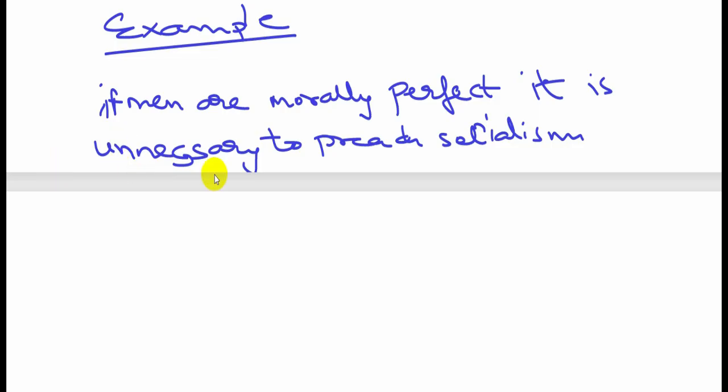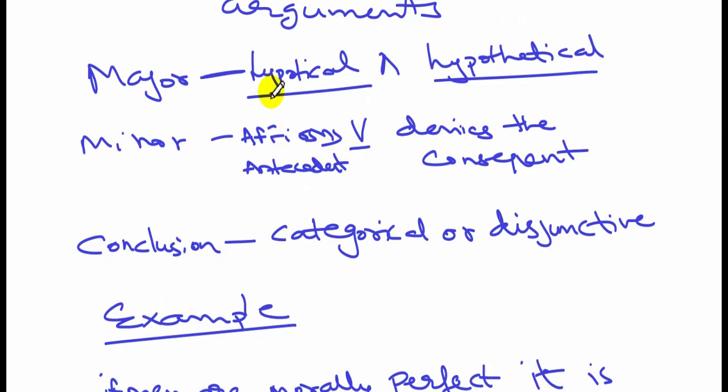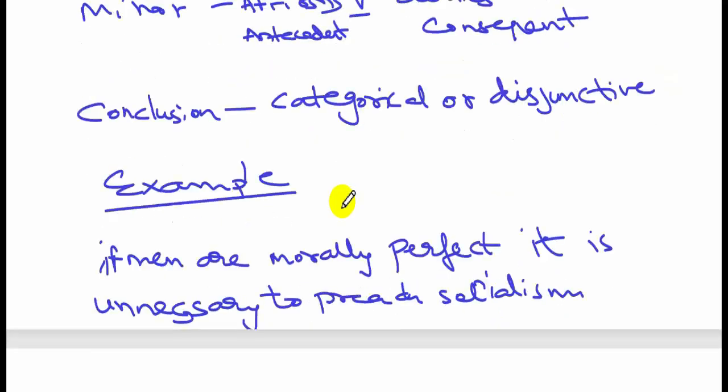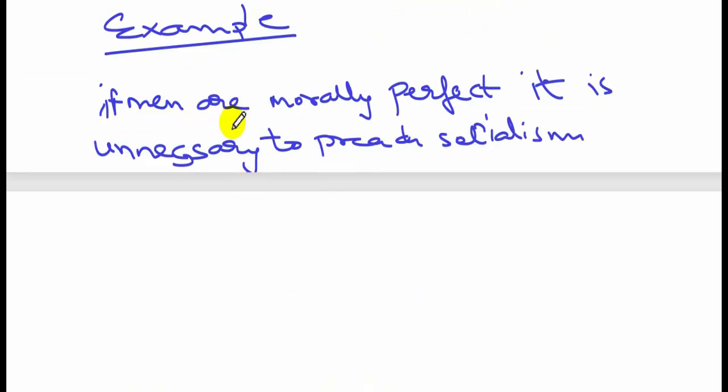If the men are morally perfect, it is unnecessary to preach socialism. So earlier I said there are two hypothetical propositions formed using conjunction, which is the and symbol. This is where the conjunction comes in, and this is the major premise.